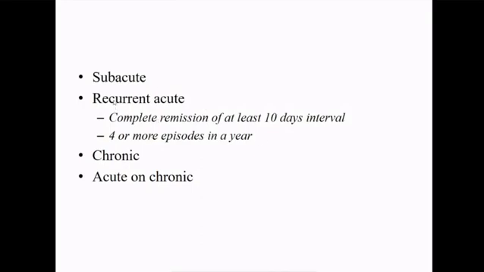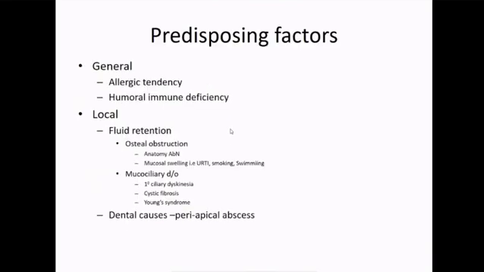Recurrent acute: that means when they have acute disease, after that with complete remission, completely cured for at least 10 days interval, and then a few weeks later, they develop acute infection again. So if there are 4 or more episodes in a year, we can categorize it as recurrent acute rhinosinusitis.